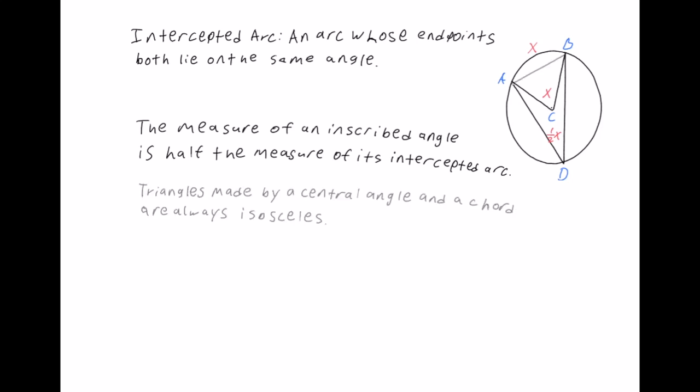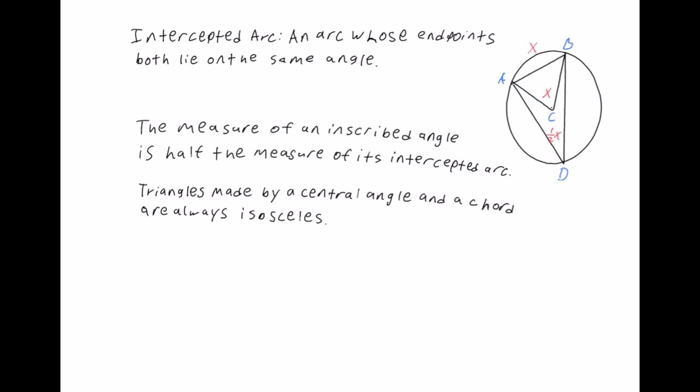One more good thing to know is that triangles made by a central angle and a chord are always isosceles. We have a central angle here, angle ACB, and it makes triangle ACB with this chord, line segment AB. This triangle is always going to be isosceles no matter what.